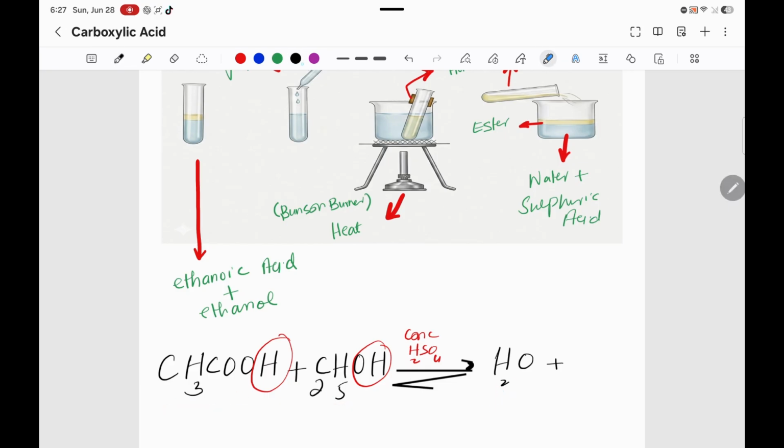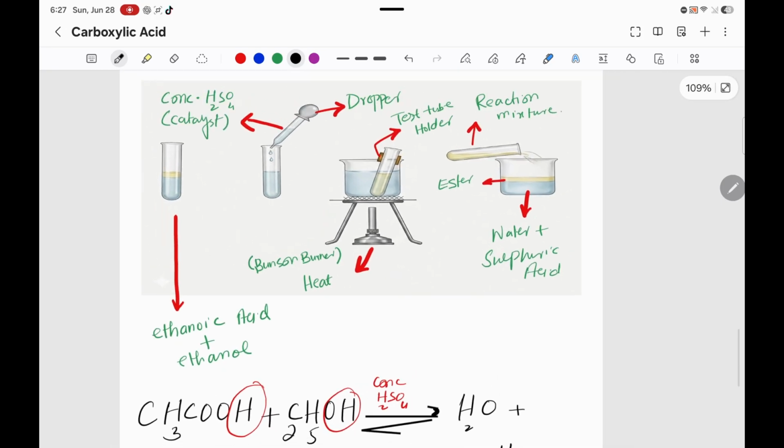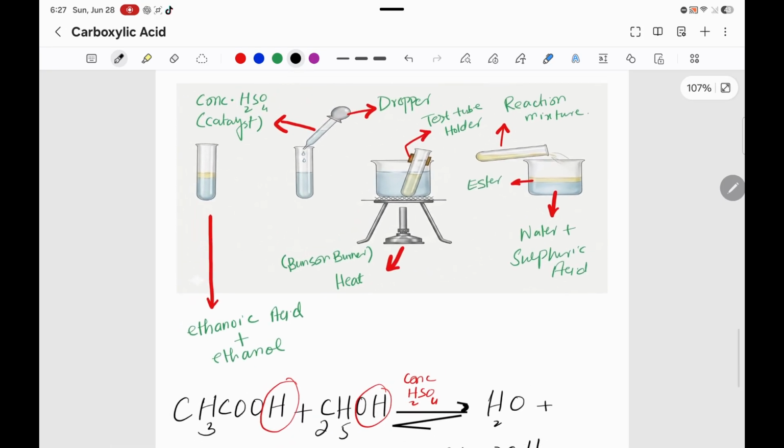So let me write it. CH3COOC2H5. So I think you can relate it with the diagram now. We have acetic acid and ethanol here. In this test tube, we mix them. Then we add sulfuric acid as a catalyst.